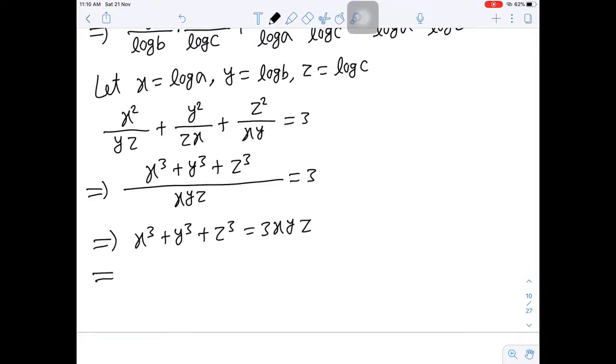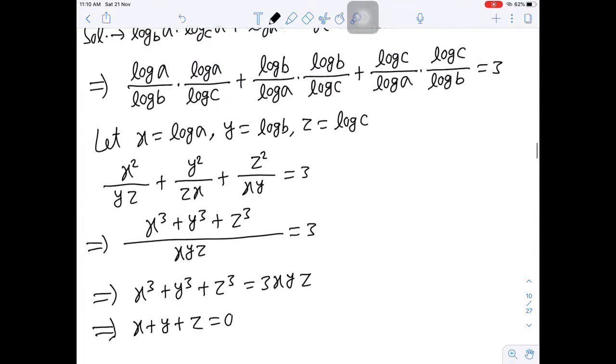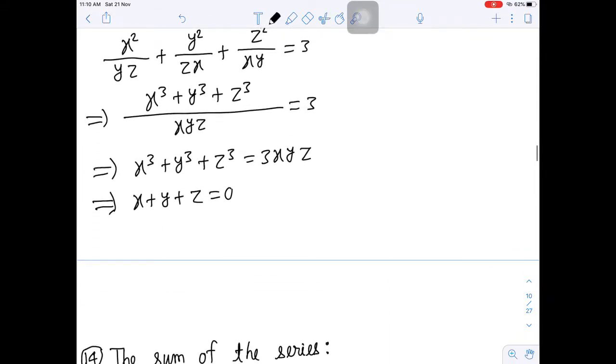So if x cube plus y cube plus z cube is equal to 3xyz, it means x plus y plus z equals 0. Now x plus y plus z is nothing but log a plus log b plus log c, where base can be anything, equals 0.